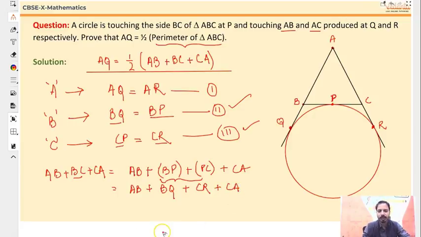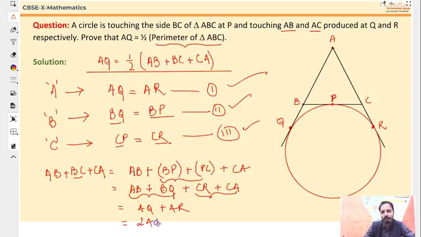Now you see, guys, CR plus CA will give me AR, and AB plus BQ will give me AQ. So from here I can write AQ plus AR. And now we know that AQ is equal to AR. So from here I can write 2 times AQ. So what do I get?